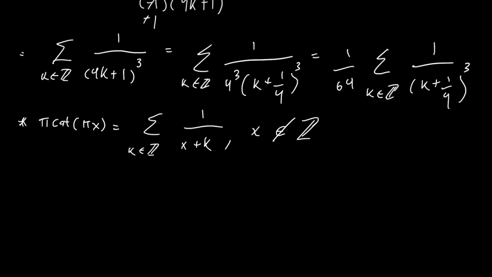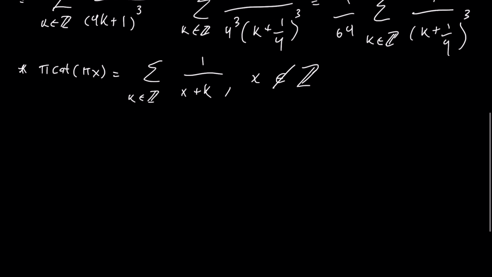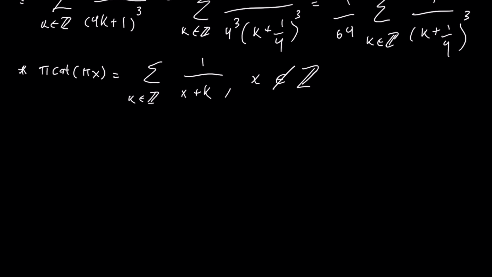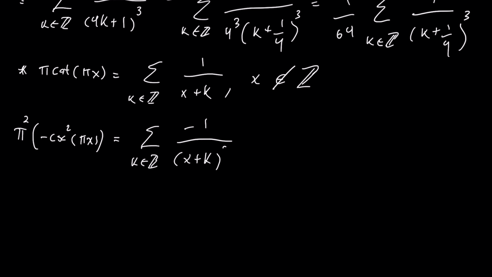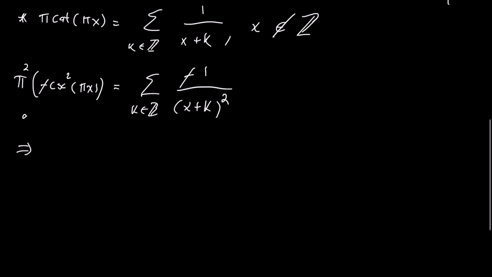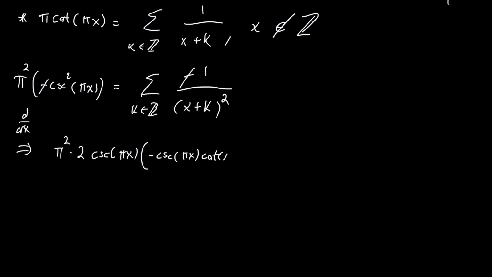So using this identity, we're going to differentiate with respect to x. So if we do that, we're going to have pi times negative cosecant squared of pi x, by the chain rule, we're going to have this extra pi. We have the sum over all integers k of minus 1 over (x plus k) squared. This negative and this negative will cancel. And so if we differentiate again, we're going to have pi squared times 2 cosecant of pi x, and we have a negative cosecant of pi x cotangent of pi x times the chain rule with another pi.